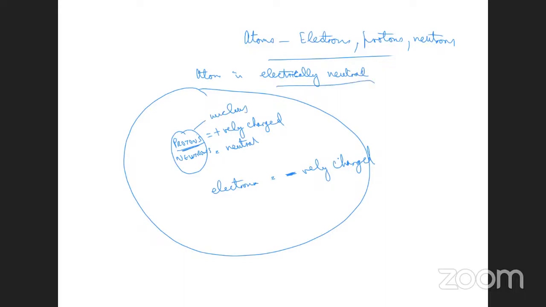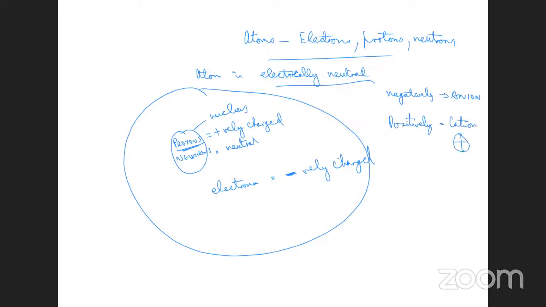If it is not neutral, which means if it has more or fewer electrons than the number of protons inside the nucleus, it could be a negatively charged atom. Then we call it an anion. If it is a positively charged atom, we call it a cation.